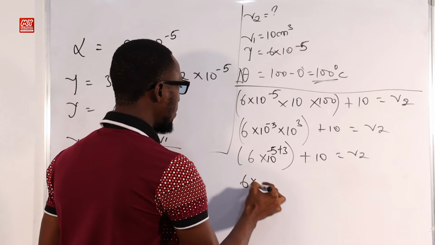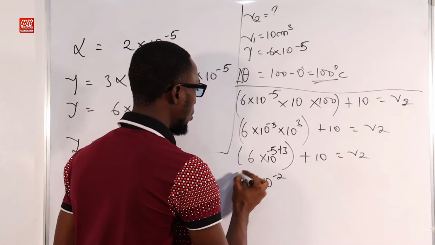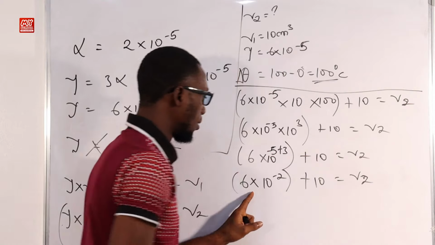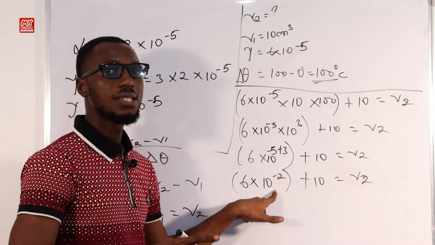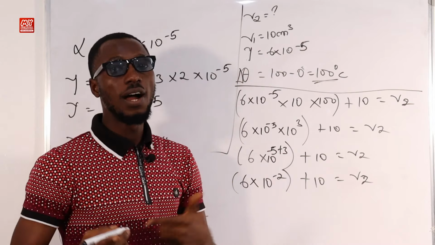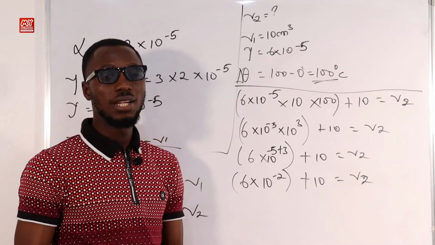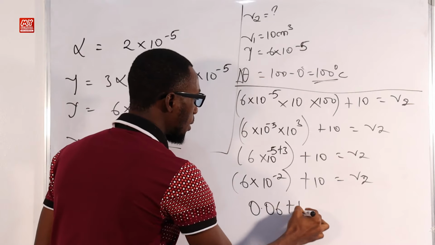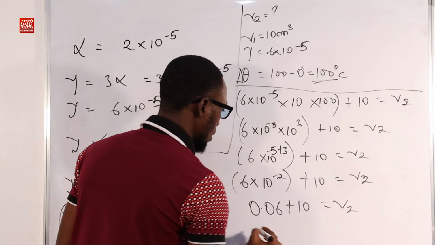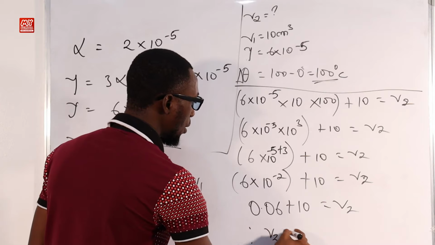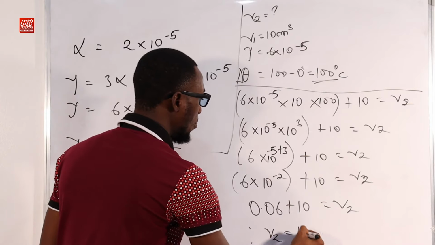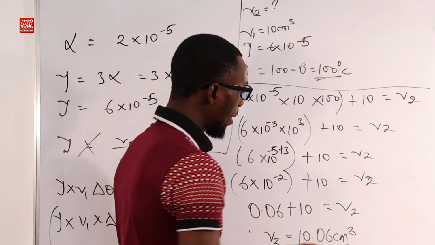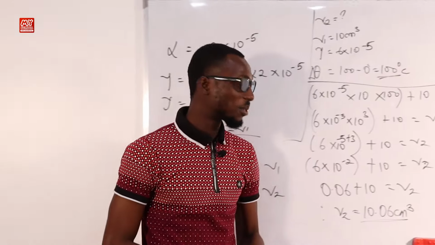So we have 6 times 10 raised to the power minus 2 plus 10 equals V2. 6 times 10 raised to the power minus 2 is 6 times 1 over 100, that is 6 divided by 100, and that is 0.06, plus 10 equals V2. Therefore, V2 equals, when we add this up, 10.06 centimeter cube.